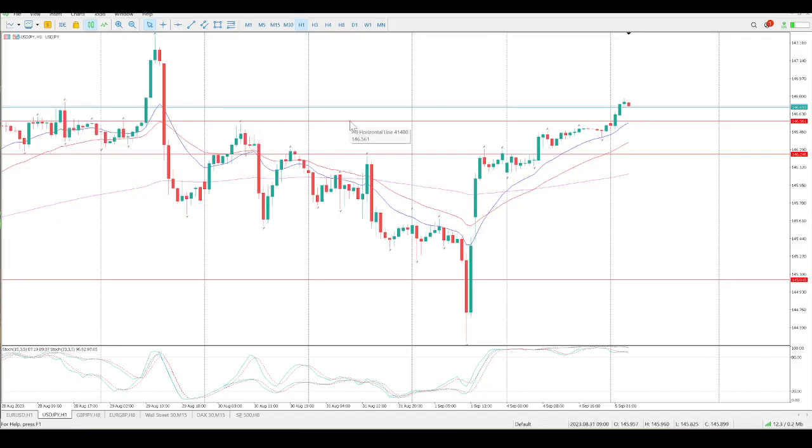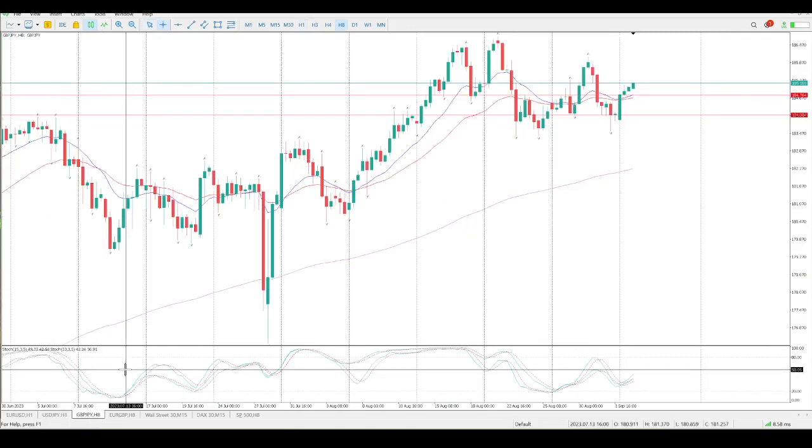I think that's the most logical one. 146.561, it could drop a little bit lower as well, into that area there, which is 146.470. For those of you who watch the indexes as well, that just opens up a more bearish thought process for the indexes as well.